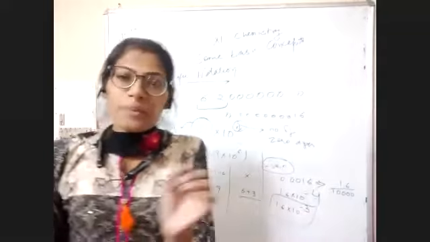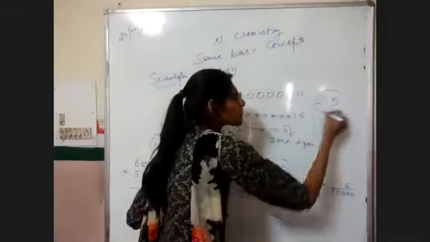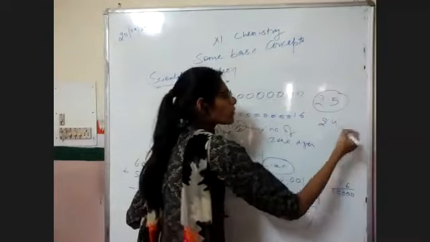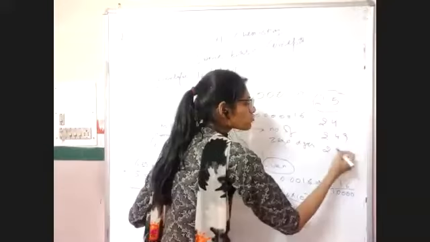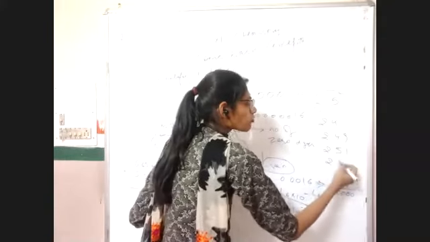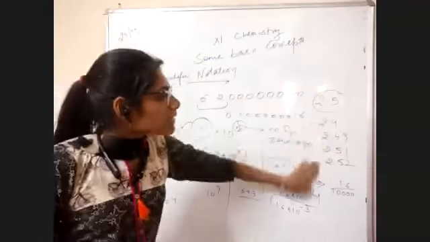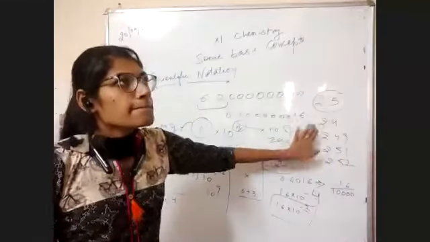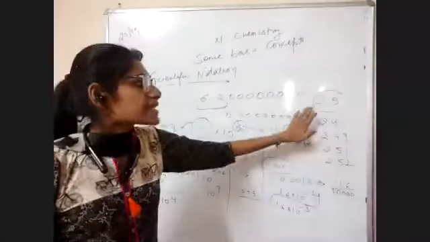So the answer would vary slightly. Someone is saying 2.4, someone is saying 2.49, someone is saying 2.51, someone is saying 2.52. These kinds of errors would cause a deflection from my exact value.